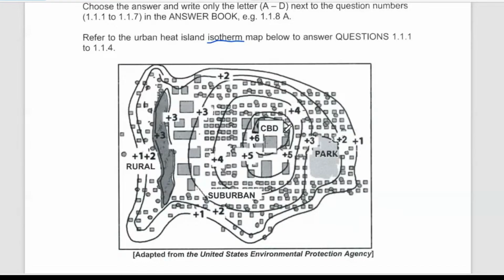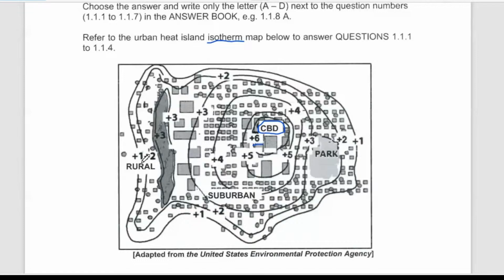We are seeing this is the CBD, which is the central business district of this area. The isotherm reading surrounding the CBD is positive 6, which implies that the temperature closer to the CBD is around positive 6 degrees Celsius.